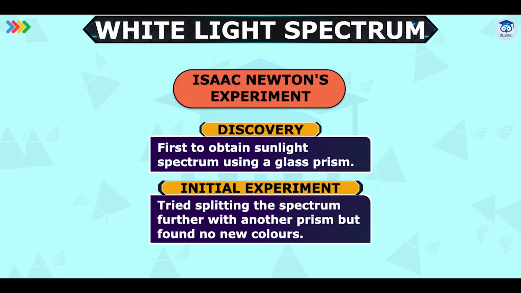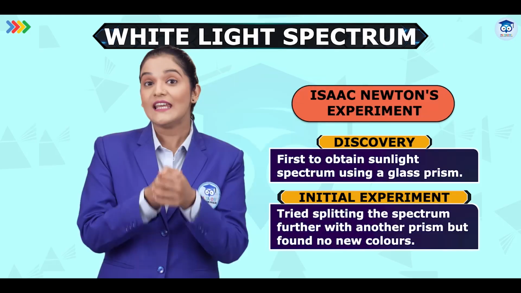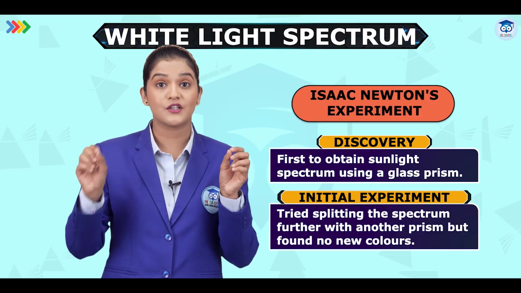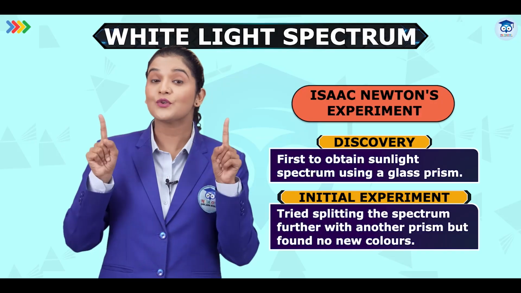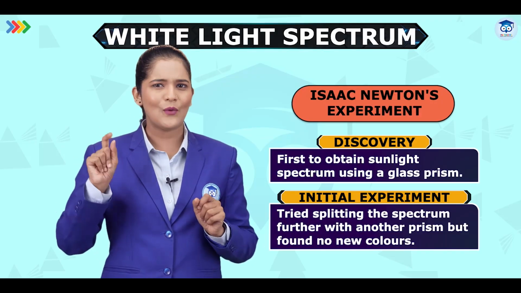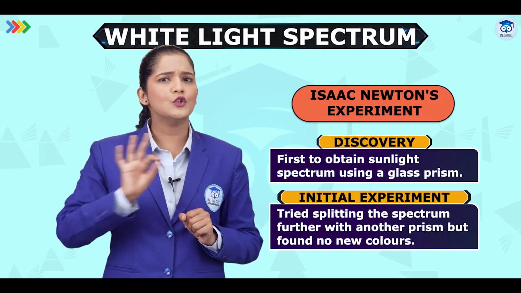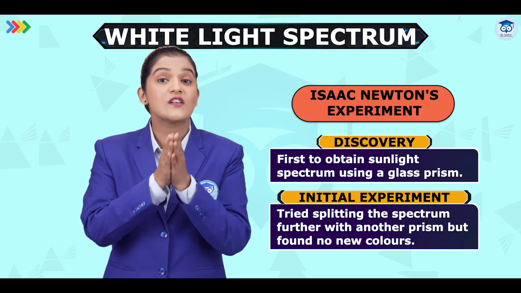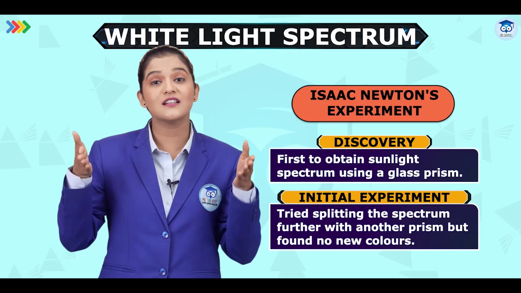This was a significant discovery as it provided the first scientific explanation for the formation of a spectrum. In his initial experiment, Newton attempted to split the spectrum further by passing it through a second prism. However, he observed that no new colors were produced, indicating that the spectrum was complete and not further divisible.